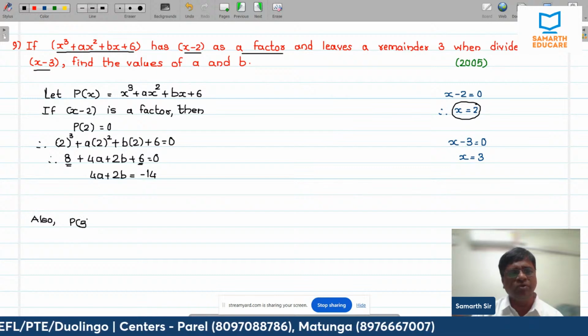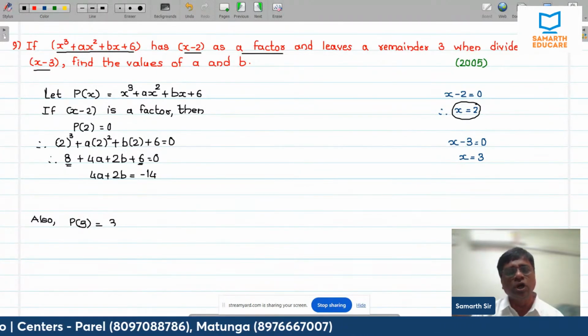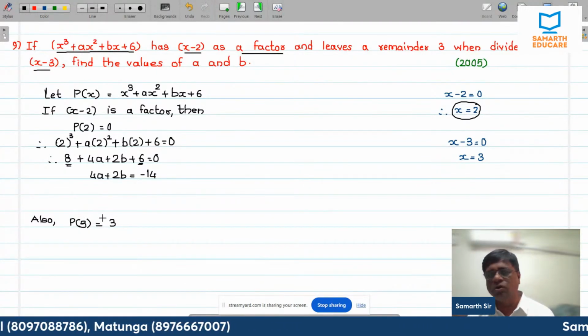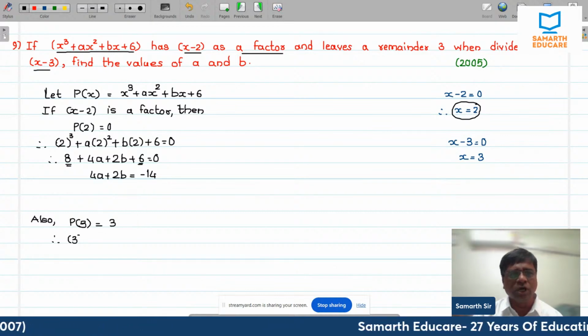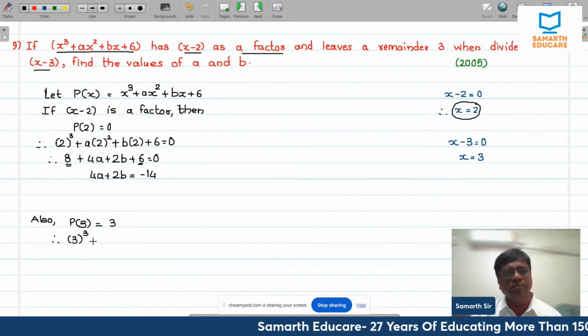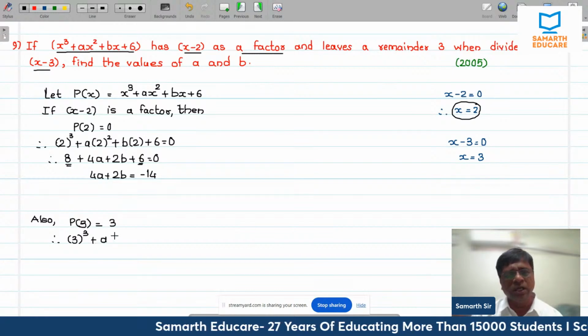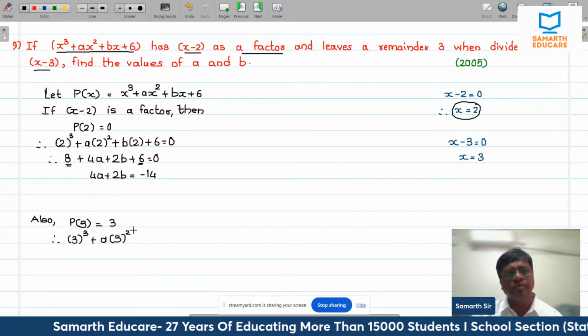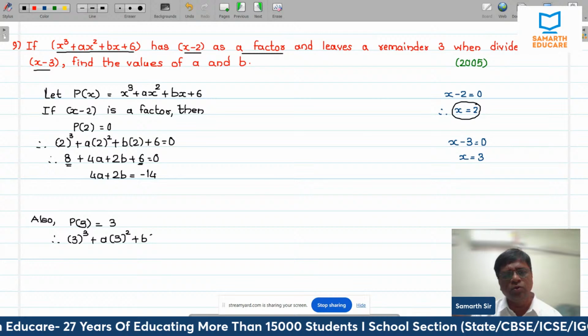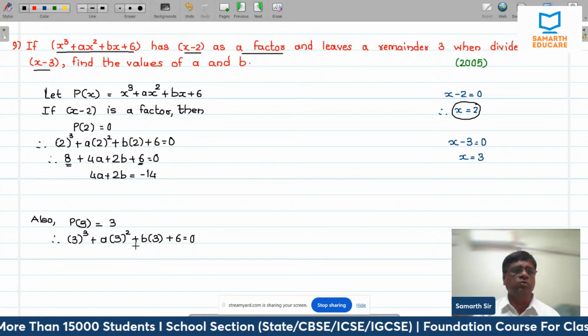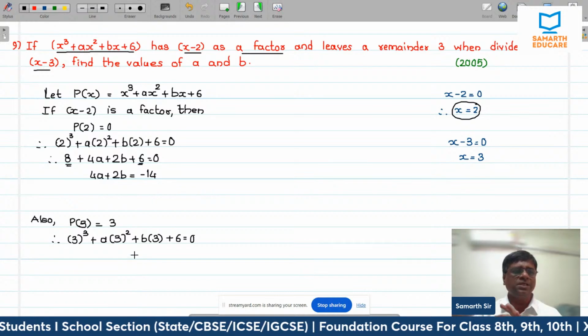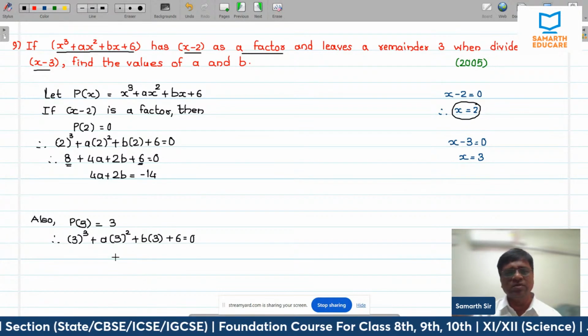I'll find out the value of p of 3 is equal to, according to him the remainder is 3. तो जहां पे भी x दिखे तो I'll replace it by 3, plus a into 3 square plus b into 3 plus 6 is equal to 3. पॉलिनोमियल पे जहां पे भी x दिखे you have to replace it by 3.